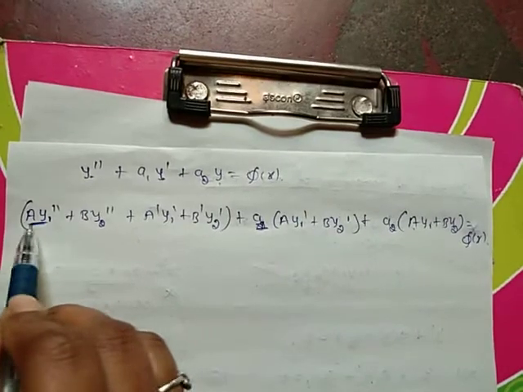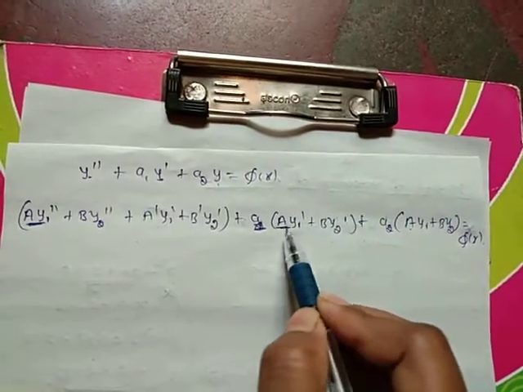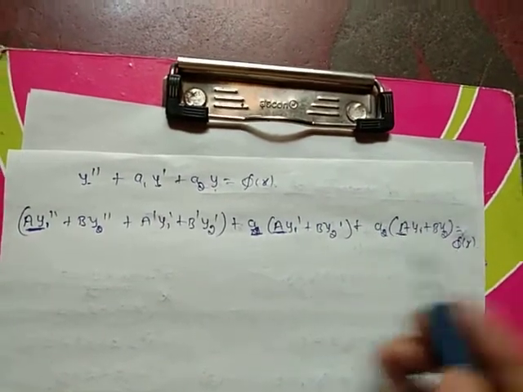Here also a, here also a, here also a. Take the a as common.